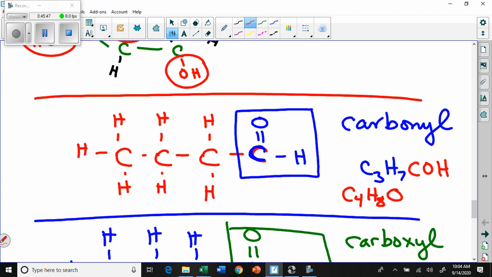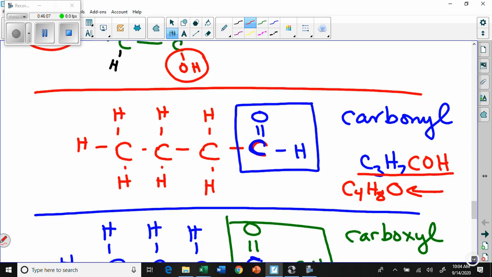Remember glucose, C6H12O6? It's written in this form, because in glucose there's too many OHs to write it the other way. But if it's a simple molecule, it's usually written more like this. So it all depends on how big the molecule is, and this is why organic chemistry is such a pain, because there's so many different ways to do it.